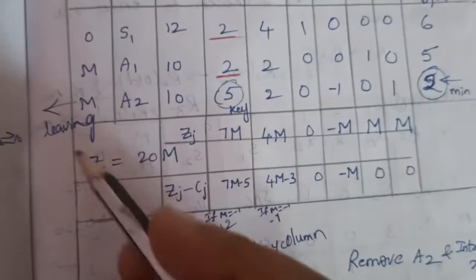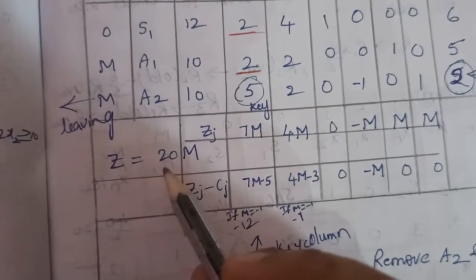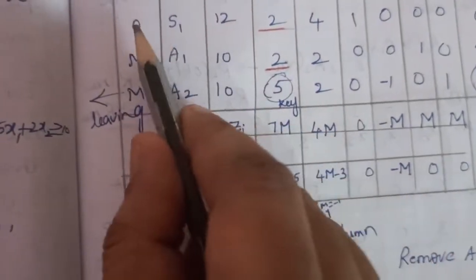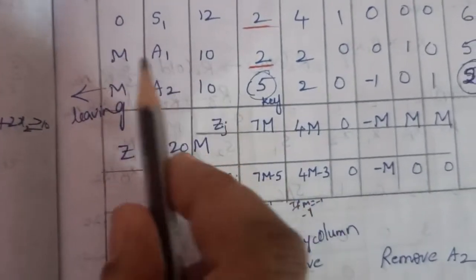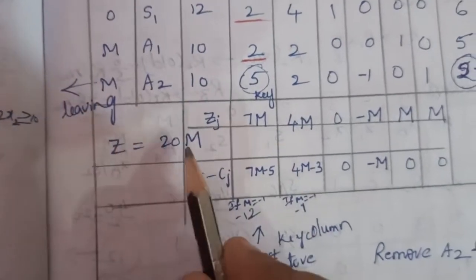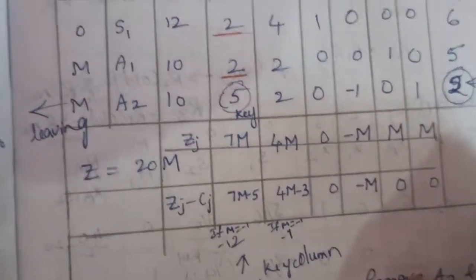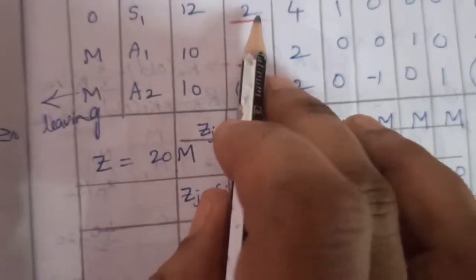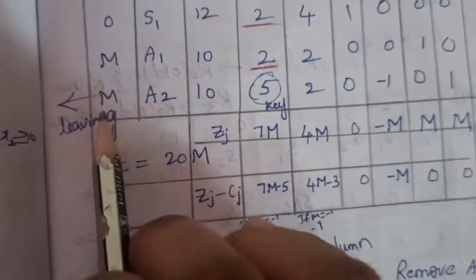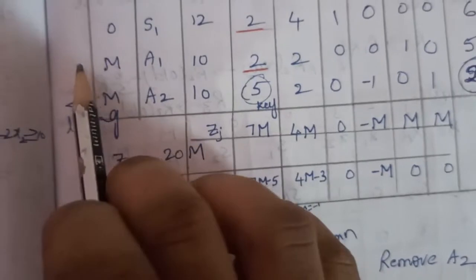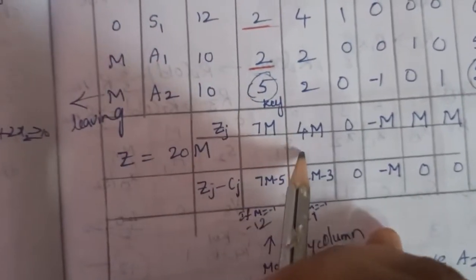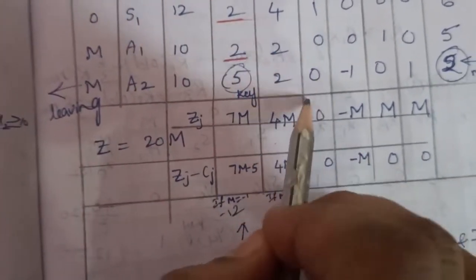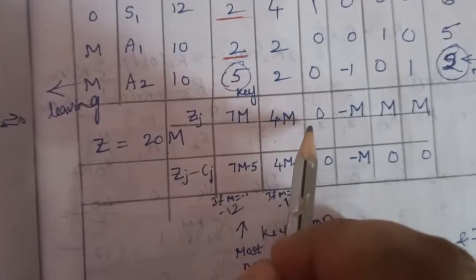And next here we are finding out the Z value. 12 into 0 is 0 plus m into 10, 10m plus 10m, 20m we got. That is the Z value. Now from this: 0 into 2 is 0, 2m plus 5m is 7m, and 2m plus 2m is 4m. Here both are zeros, 0 into m is 0.